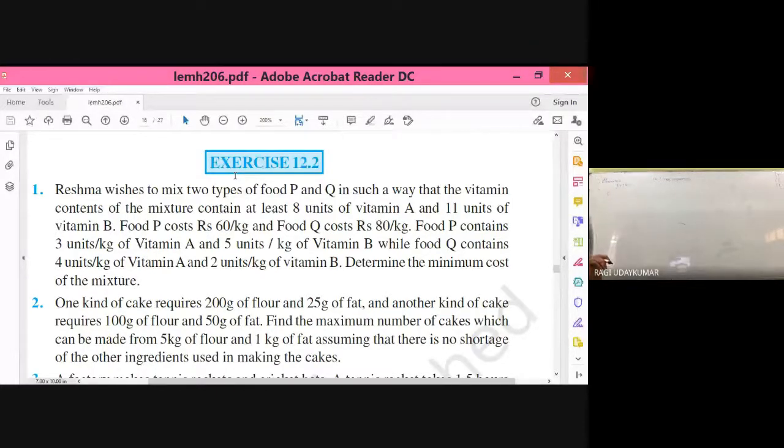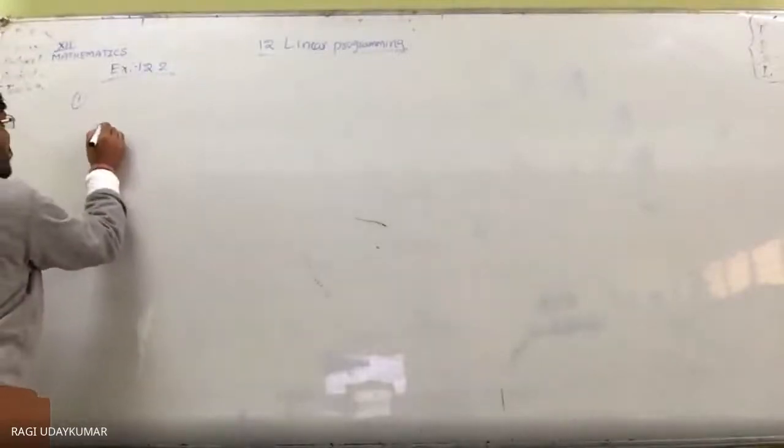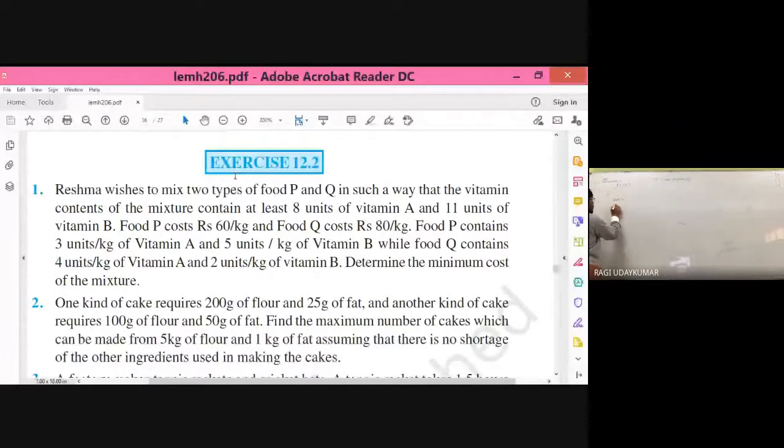She wants to mix the two types of food, P and Q. So first you take food P, then food Q, vitamin A, vitamin B. Food P contains 3 units of vitamin A and 5 units of vitamin B, and food Q contains 4 units of vitamin A and 2 units of vitamin B.